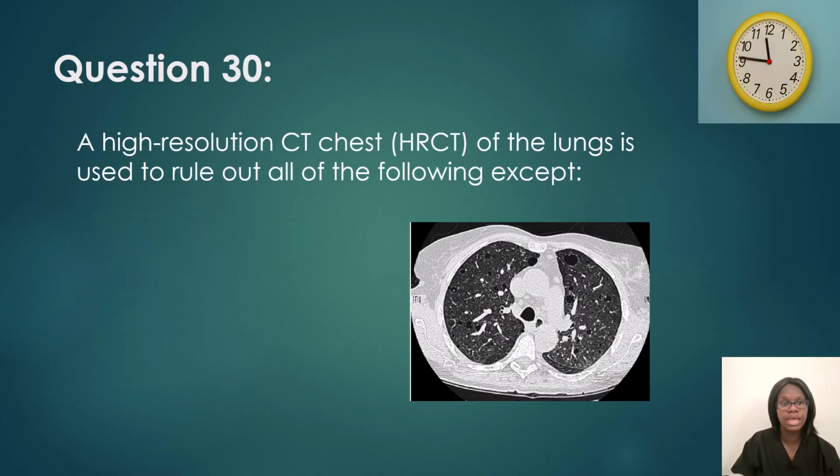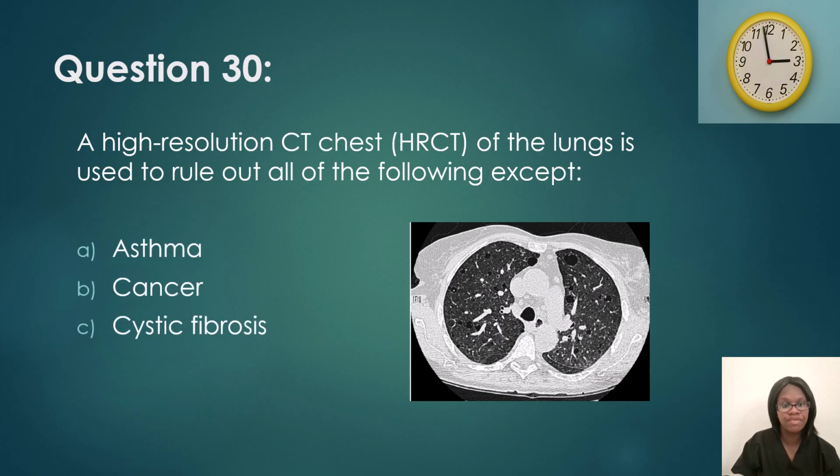Question 30. A high-resolution CT chest of the lungs is used to rule out all of the following except A, asthma, B, cancer, C, cystic fibrosis, or D, emphysema.